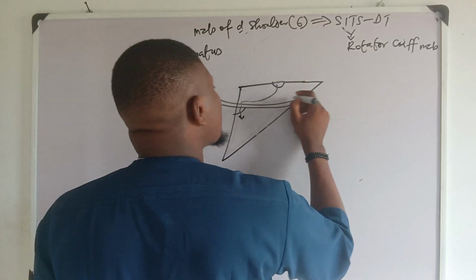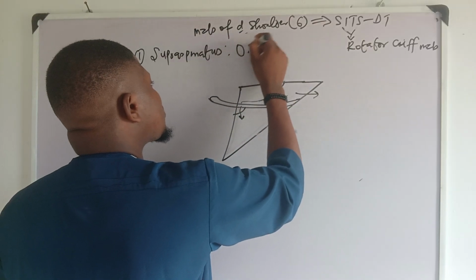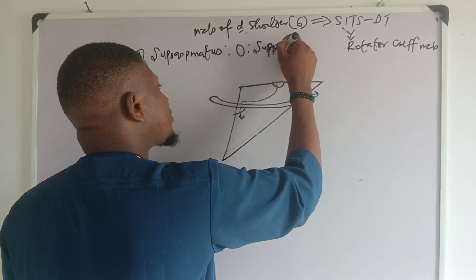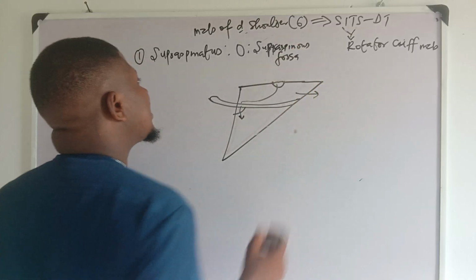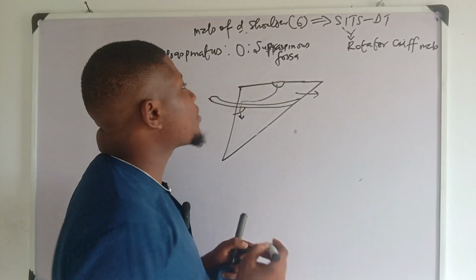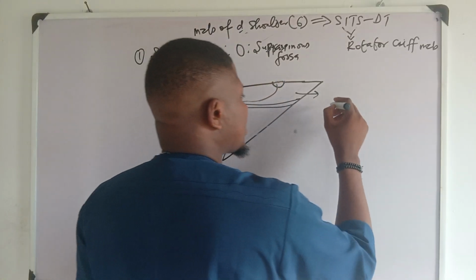The muscle that picks origin here is supraspinatus. The origin is what? Supraspinous fossa. Then if you come to insertion, I want you to know that supraspinatus, infraspinatus, and teres minor all insert at the greater tubercle.